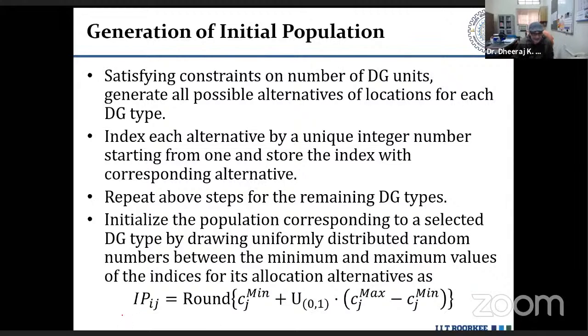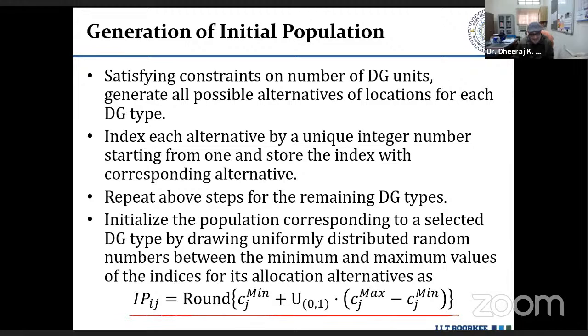In this way I initialize the population: the minimum value of index, plus a uniformly random number between 0 and 1 times the difference of the maximum value of index and the minimum value of index. Because indices are integer values, we have to round off this value, otherwise we can have non-integer values too.